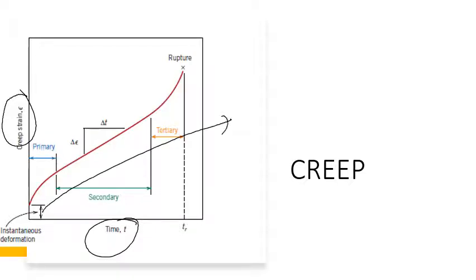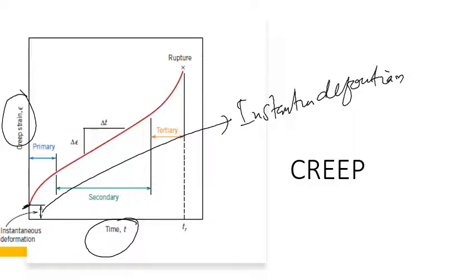Instantaneous deformation will occur here. We don't know exactly why, but the creep strain will occur like this instantly with no time. It will not require time, but it will happen very suddenly, this deformation, right?